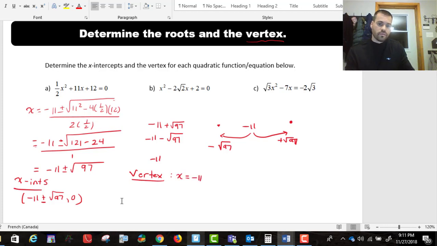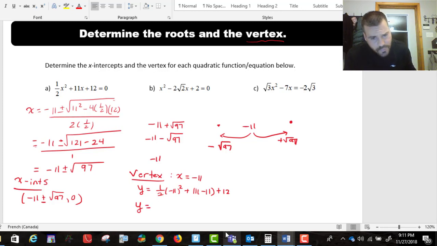Now that's not the whole vertex. I have to find y, but y is this. I just go y equals 1/2 times minus 11 squared plus 11 times minus 11 plus 12. So that gives me y is equal to 11 squared is 121, 121 divided by 2 is here.